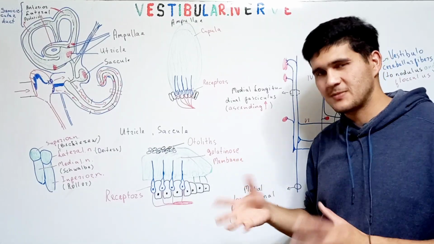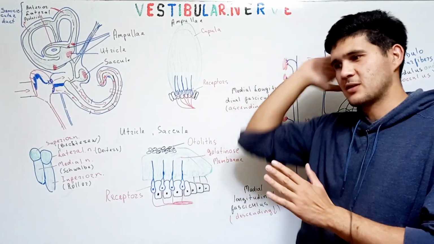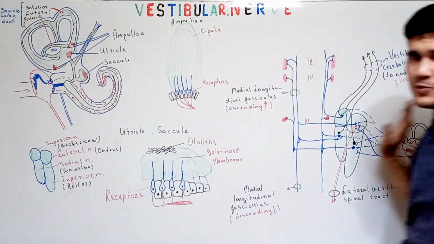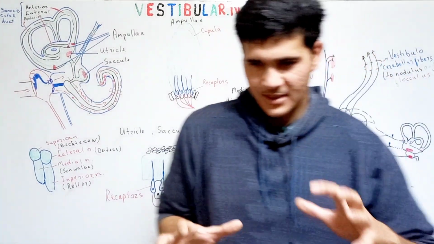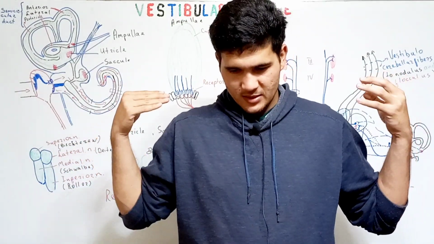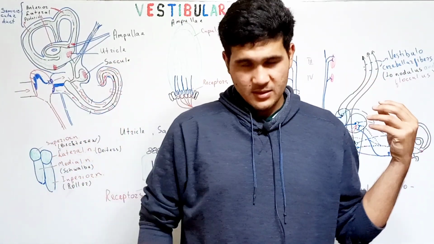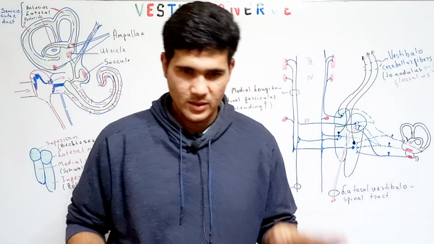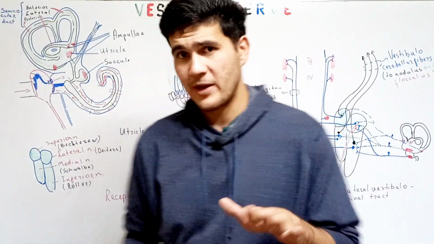These impulses are conducted to the cerebellum, more specifically the nodulus and flocculus, and after that the cerebellum analyzes the information and sends impulses to our muscles, and as a result we can keep our balance.